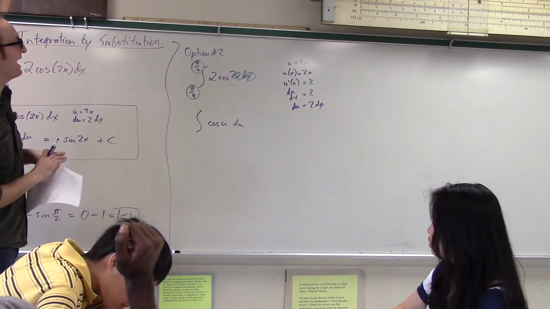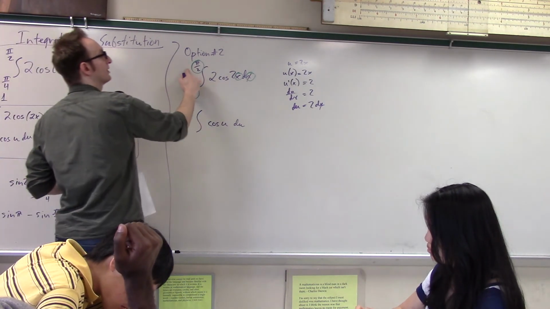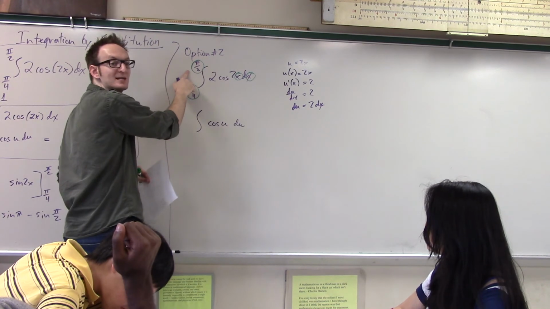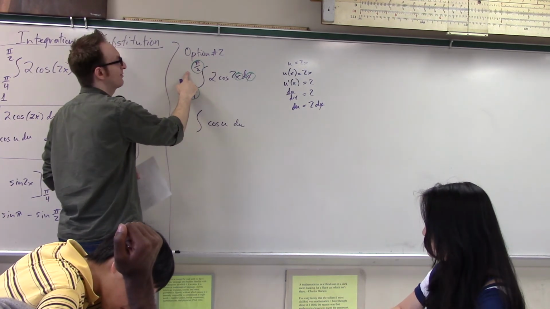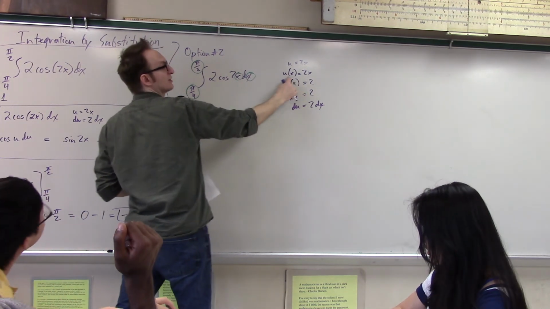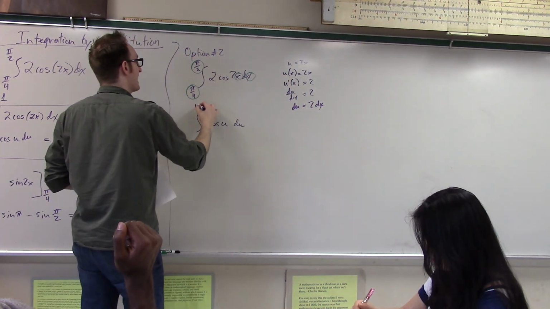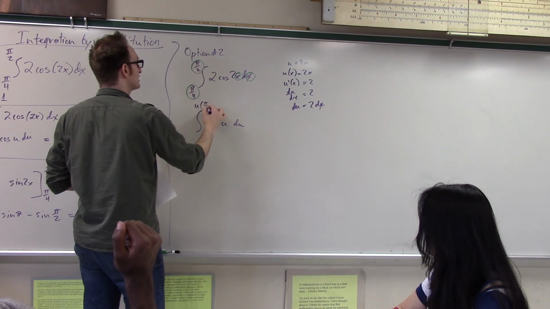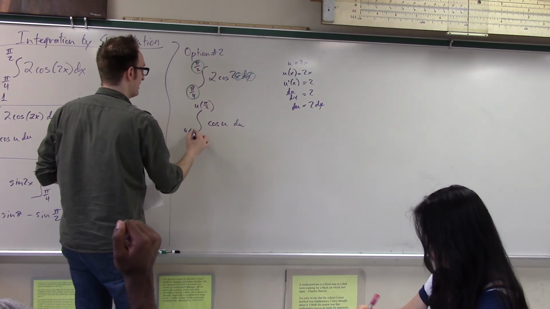And what we get is this number actually needs to be converted from an x number into a u number. And how do we convert from an x number into a u number? Using the formula for converting an x number into a u number. So we just take u of pi over 2. And here we take u of pi over 4.